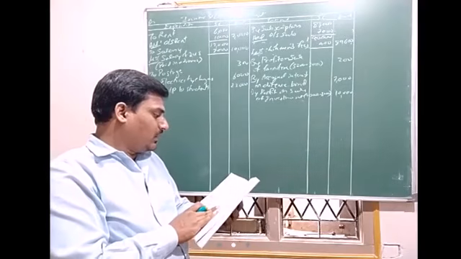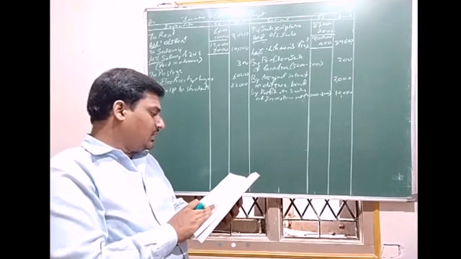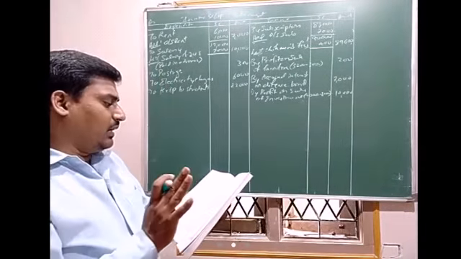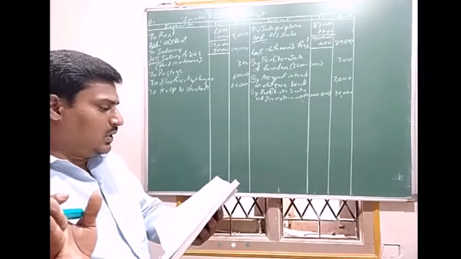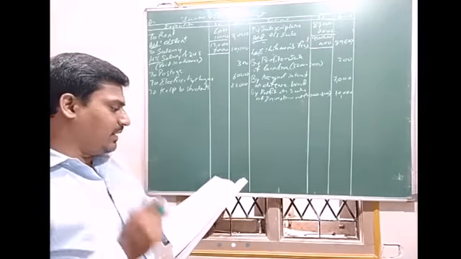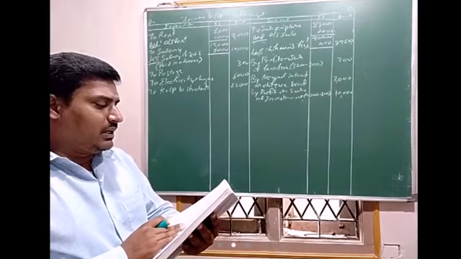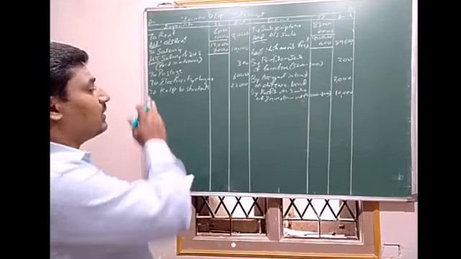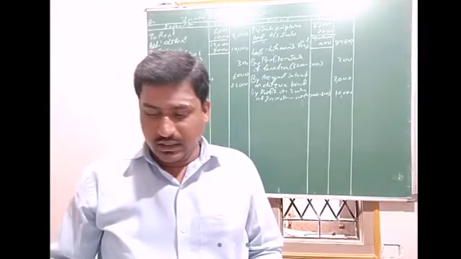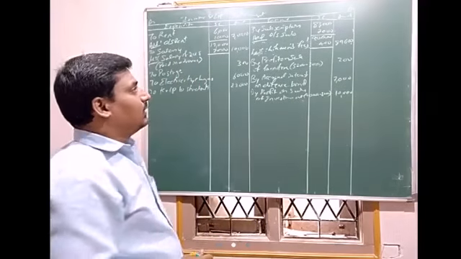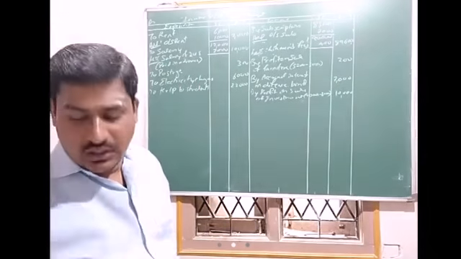Next, subscription received 400 life membership taken. Total furniture on 17 goes to balance sheet. Salary paid for the year 2018, that also we have taken. So no more adjustment here. Let us take the difference, whether we made a profit or loss.